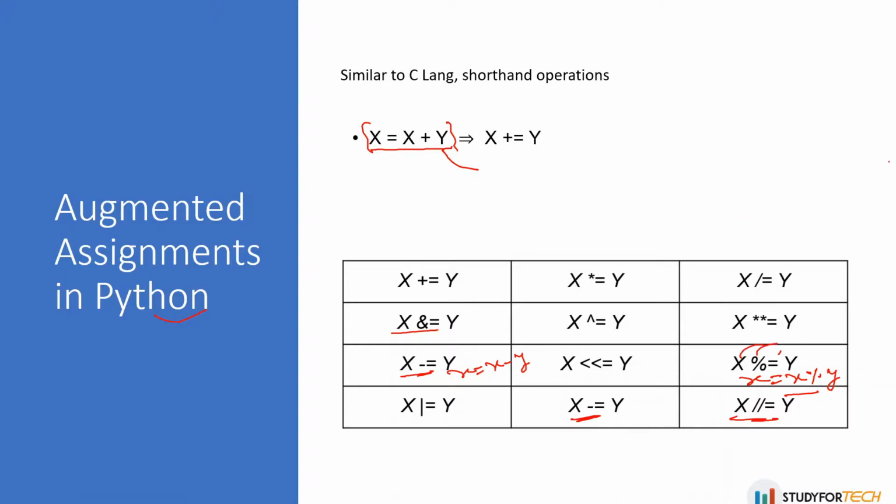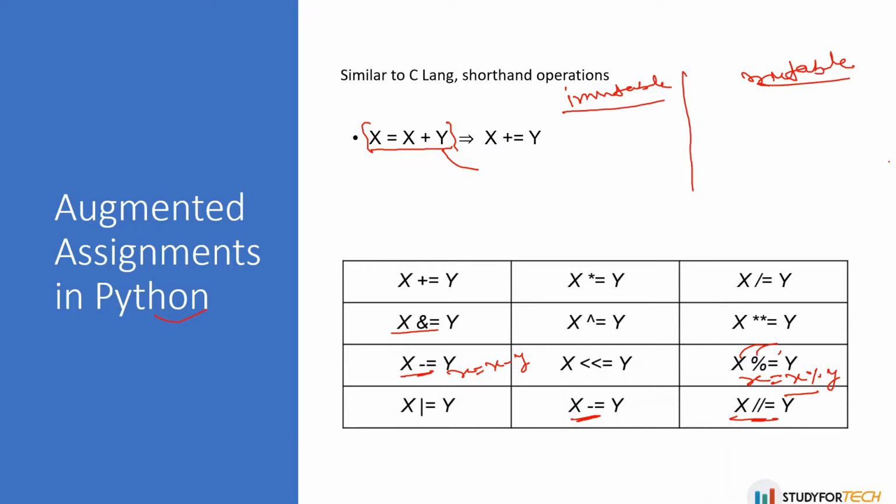Let me explain this one because this is really important, so I am spending more time on it to understand its significance, this augmented assignment in the case of mutable and immutable objects. If you have an immutable object and a mutable object, they will behave differently.